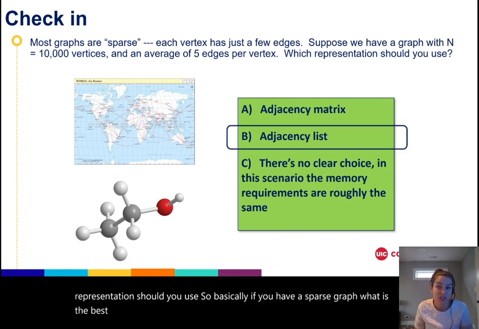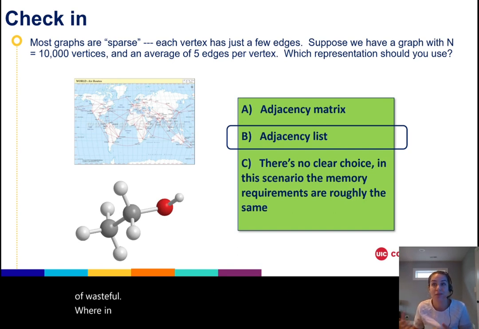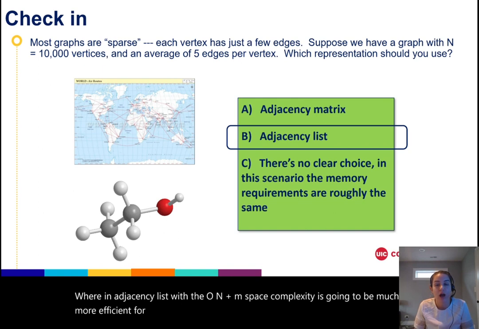Definitely an adjacency list. An adjacency matrix would set up a whole set of memory that is never going to be used, and it would be kind of wasteful. An adjacency list with O(n plus m) space complexity is going to be much more efficient for sparse graphs. But there might be some overhead in time for lookup, possibly, depending on how you set up either.